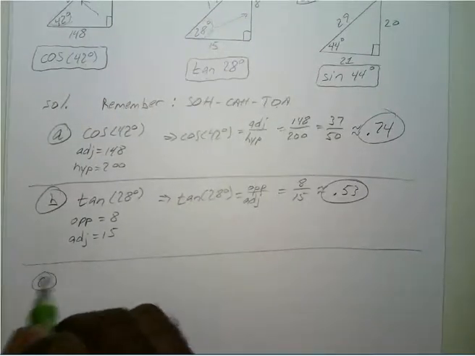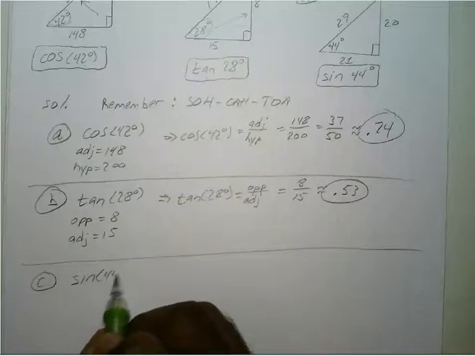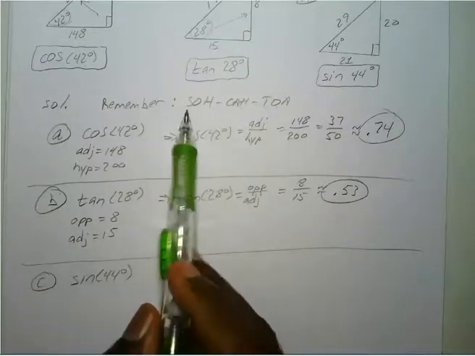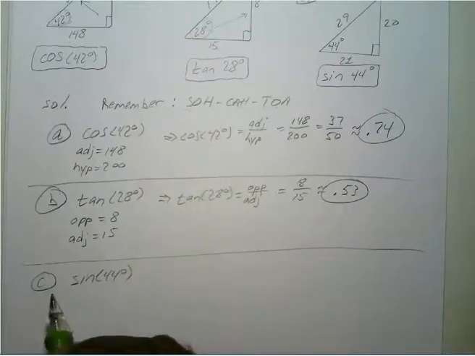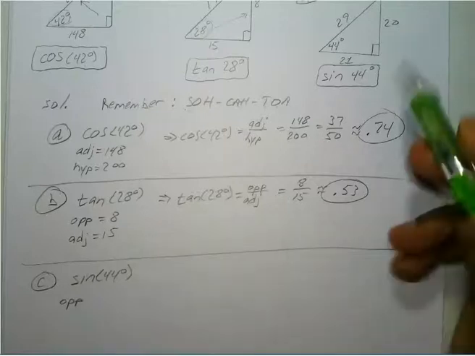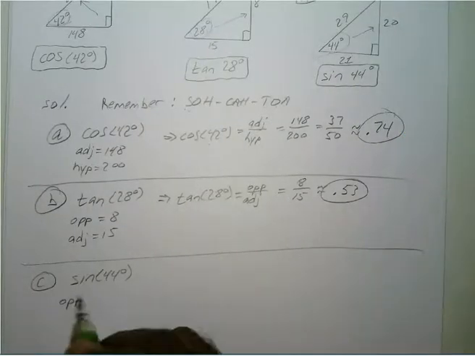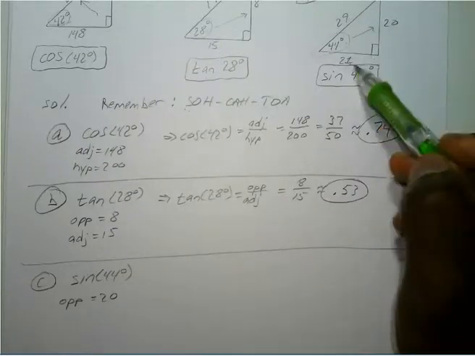So let's go ahead and verify. We have sine of 44 degrees. Sine is equal to opposite over hypotenuse. So the opposite of your 44 degrees is 20. Your adjacent is 21.